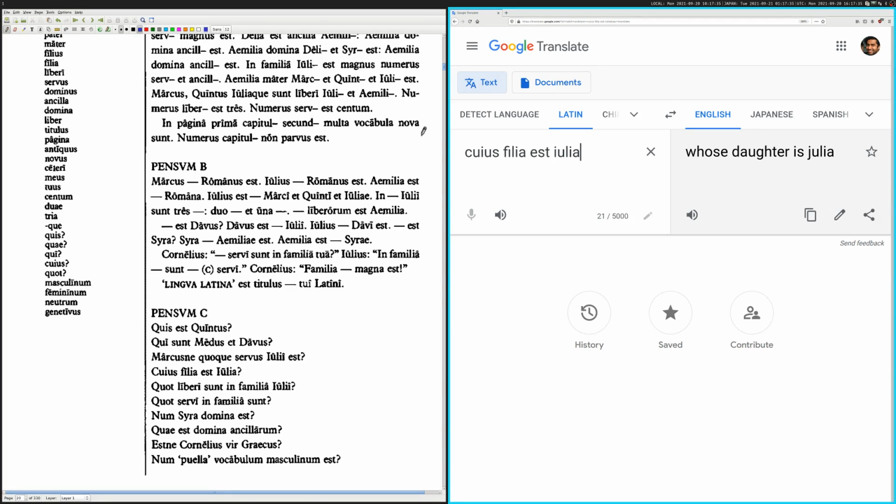Whose... Okay, so it means whose. Whose daughter is Julia? Okay. How many children are in Julius's family? 3. How many slaves are in the family? 100.